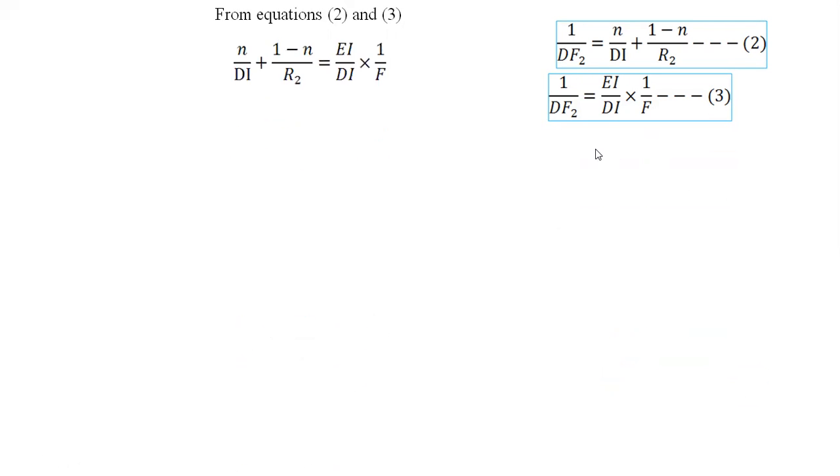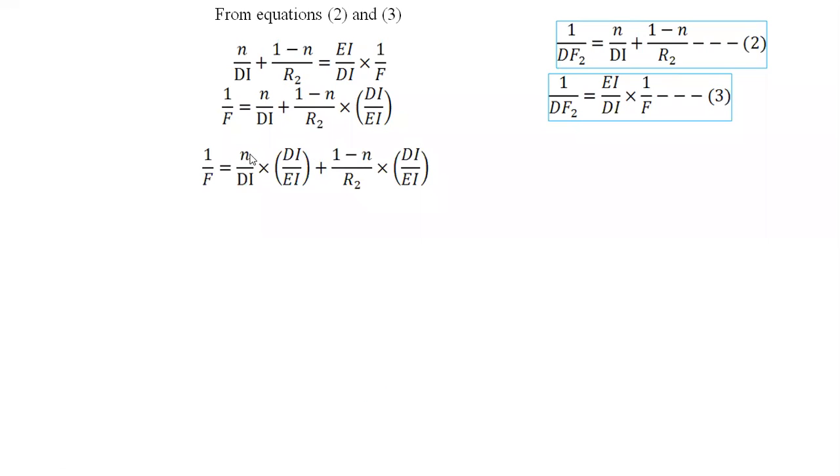Therefore, let us write these equations: n/di + (1 − n)/r2 = (ei/di) × (1/f). That is, equation 2 equals equation 3. Now, to get 1/f, we multiply this whole equation by di/ei. Here, n/di multiplied by di/ei, plus (1 − n)/r2 multiplied by di/ei.